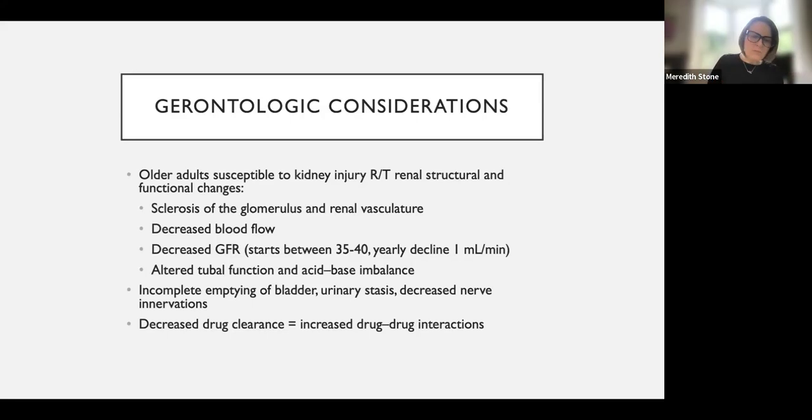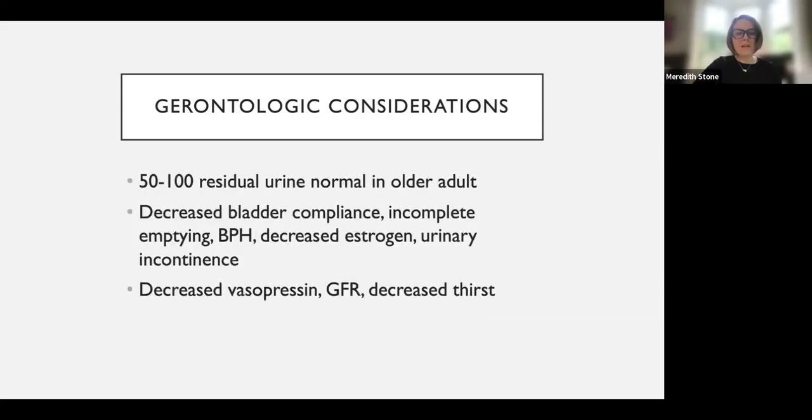If the kidneys are not functioning as well, you have decreased ability to clear out drugs, which I talked about, and that can lead to more drug interactions if more is left in your system in an older adult.